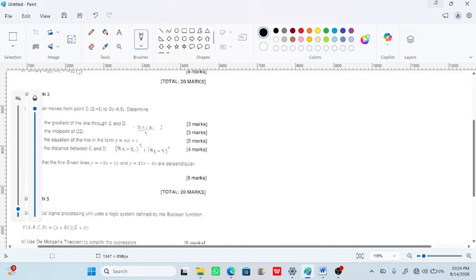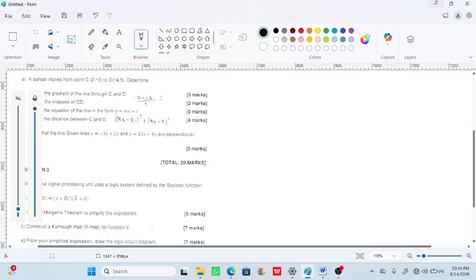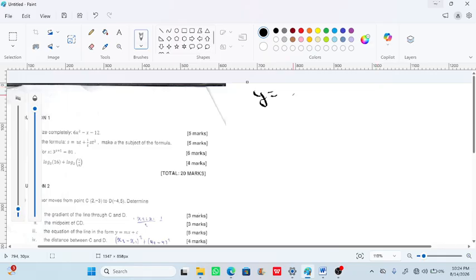We have a b c. So let's just write here y of a, b, c, d, which equals the equation given there.